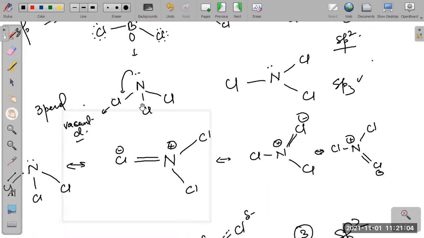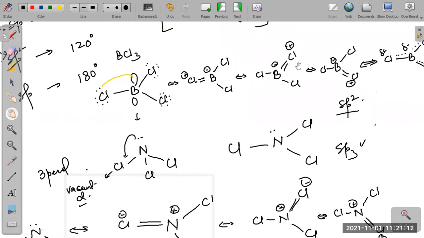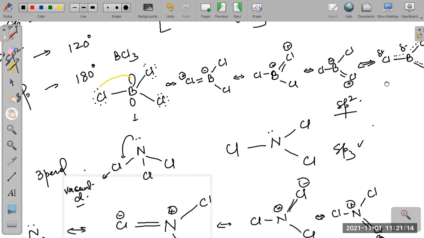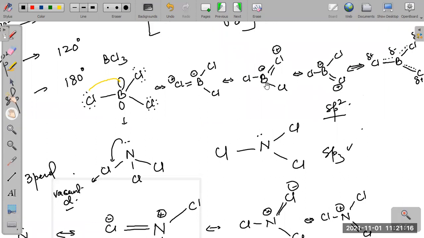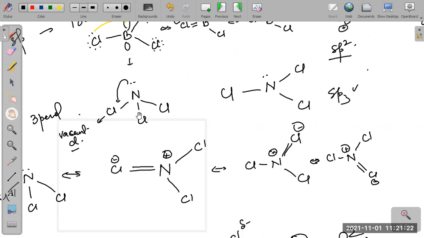The next example can be NCl3. Now in BCl3, there has not been any change of hybridization or any other changes except delocalization. In case of NCl3, the delocalization also brings some change to the hybridization of the central nitrogen atom.